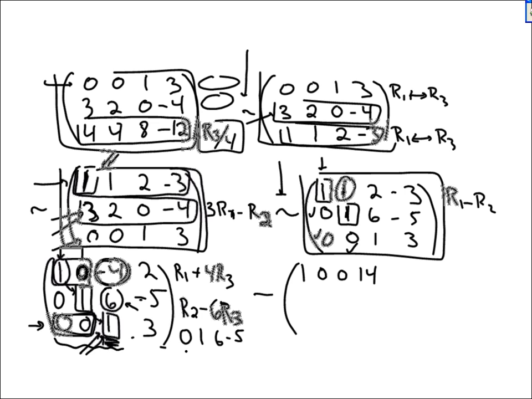It's right here. 6 times 0, 6 times 0, 6 times 1, 6 times 3. And if you subtract, you get the 0 you want. And negative 5 minus 18 is negative 33. 0, 1, 0, negative 33. And the last row, we're not doing anything to it.